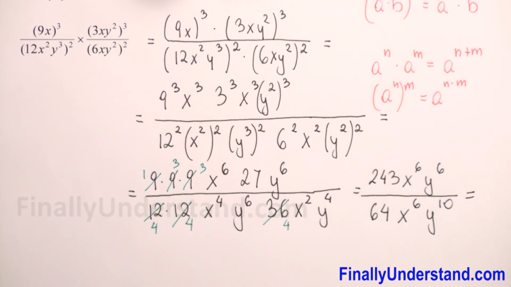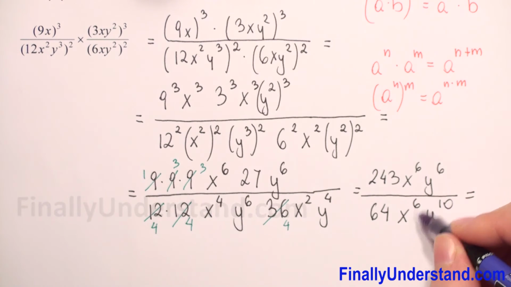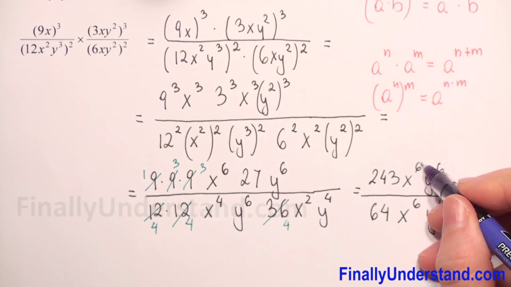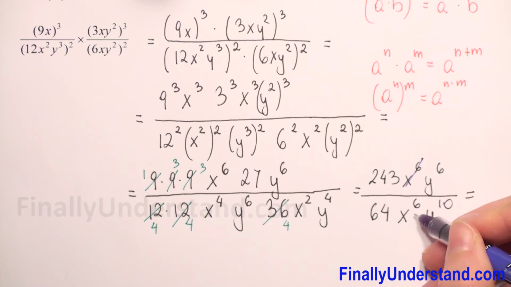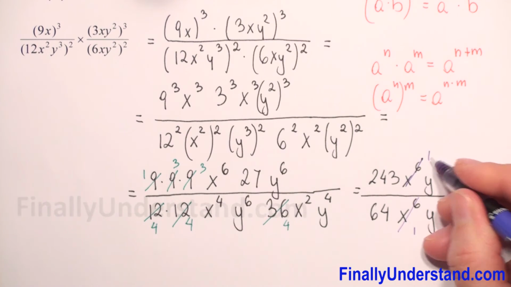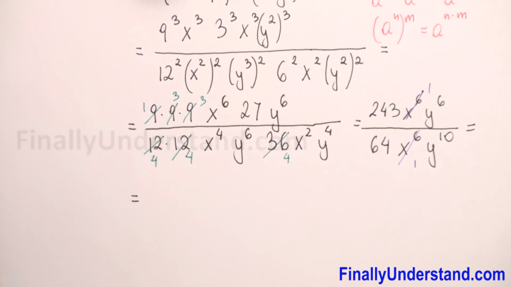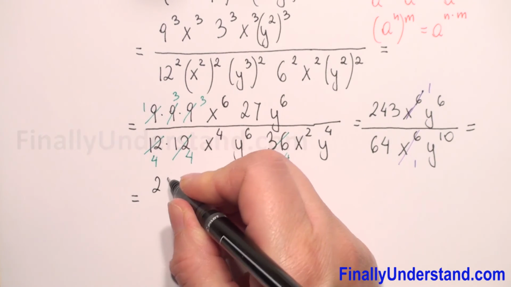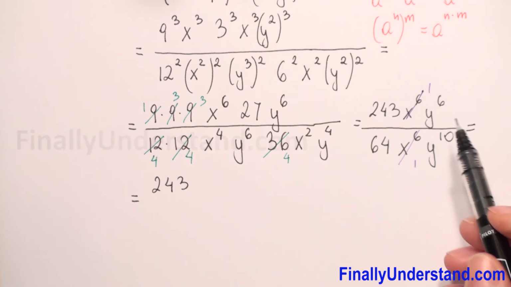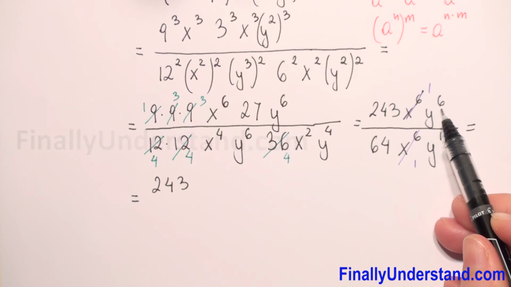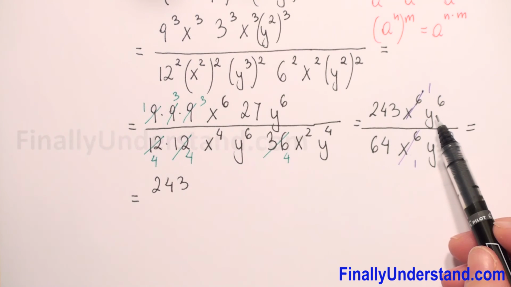So now we see that we have x to 6 power in the numerator and x to 6 power in the denominator. So we can cancel out. So this is 1 and 1. And we have y to 6th power and y to 10th power. So first we will copy the numbers 243, and like before we copy the expression with the smallest power.